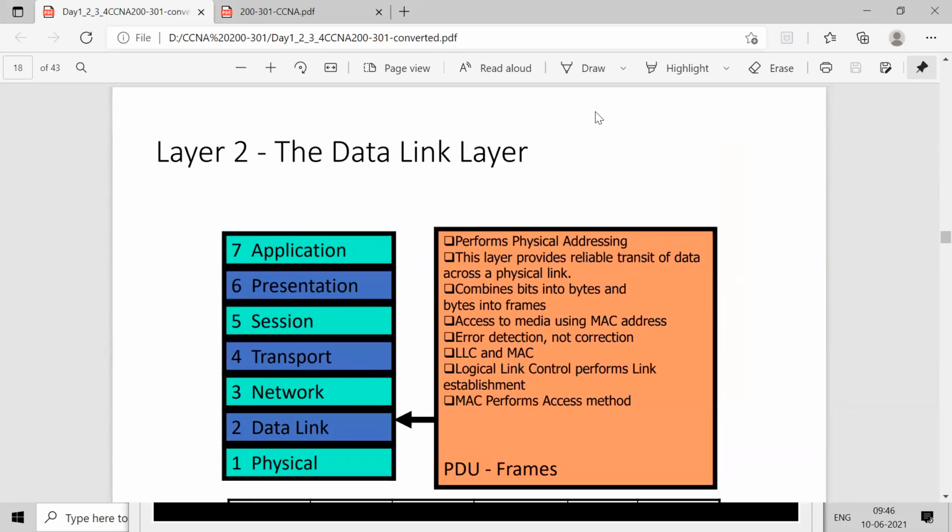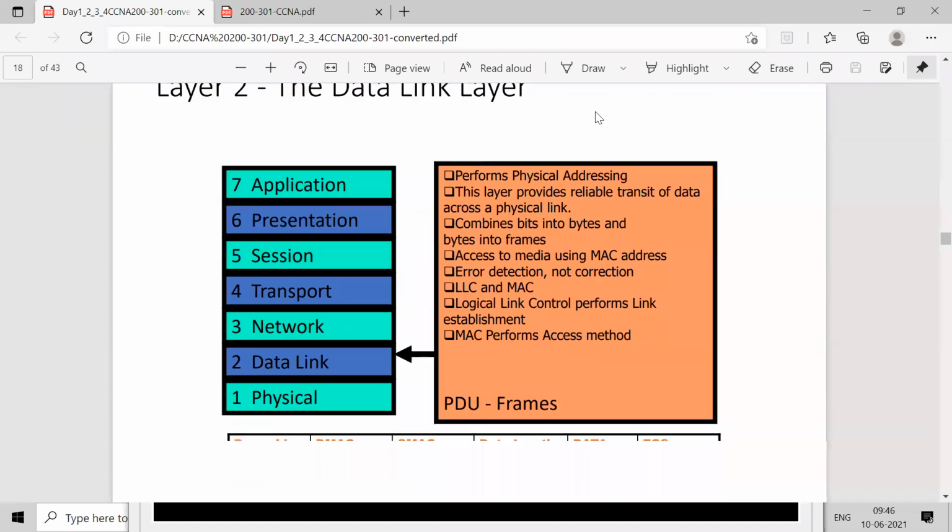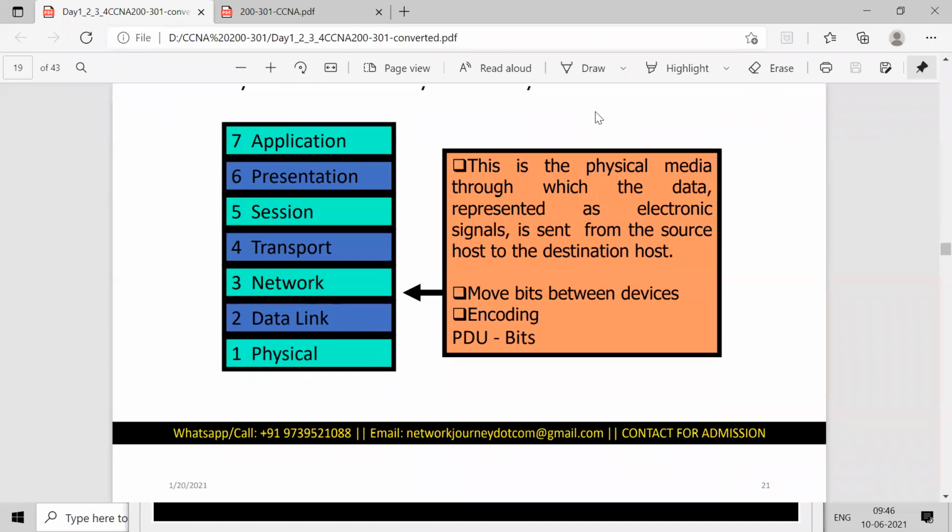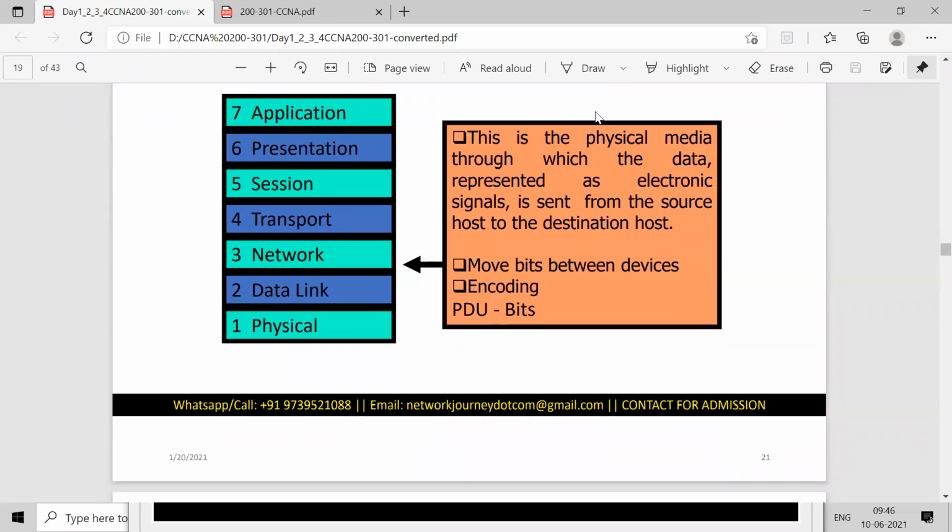The data link layer is responsible for physical addressing or MAC addressing, error detection, medium access control. MAC stands for medium access control. And then the last one was your physical layer, where everything is converted into bits, with electrical specification and mechanical specification. All these things are seen over here. Okay, so it's all about the OSI model.